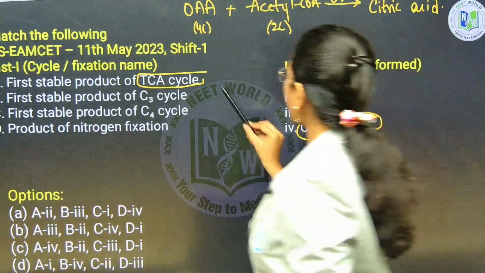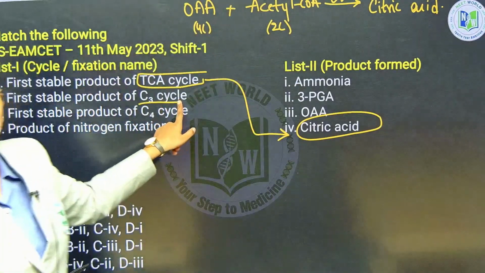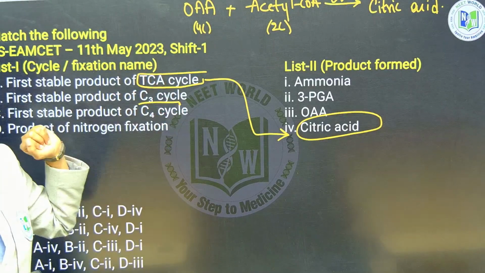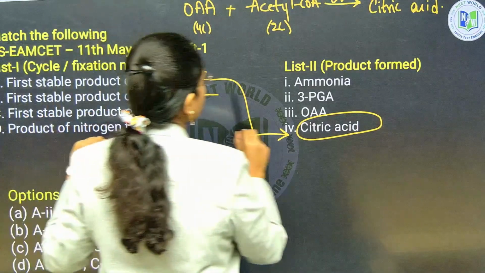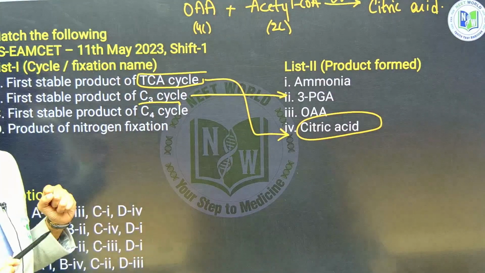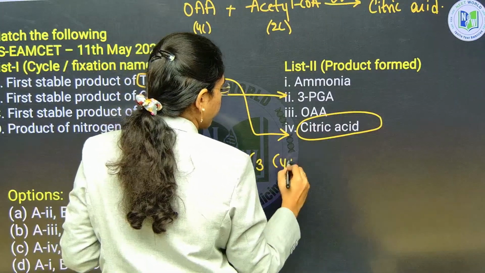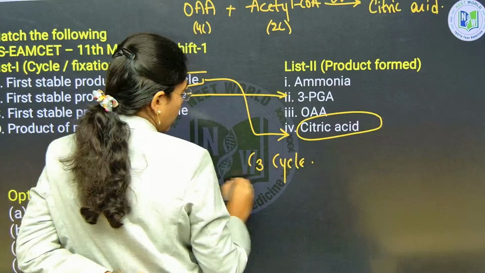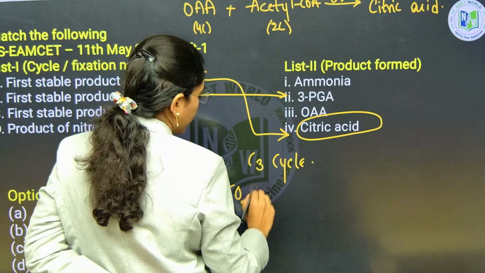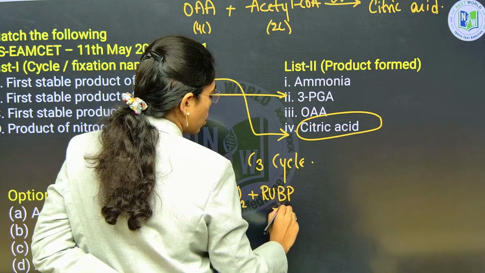First stable product of the C3 cycle. The name itself is derived from the first stable product, which is a 3 carbon compound, 3-phosphoglyceric acid. Let us recall the first step, carboxylation of the C3 cycle. Carbon dioxide, 1 carbon, is accepted by the 5 carbon compound RuBP, ribulose bisphosphate.